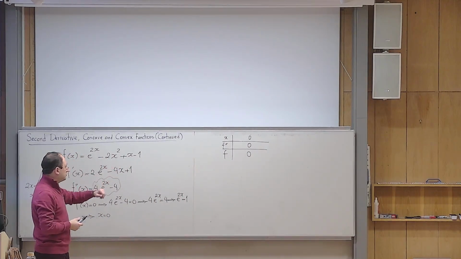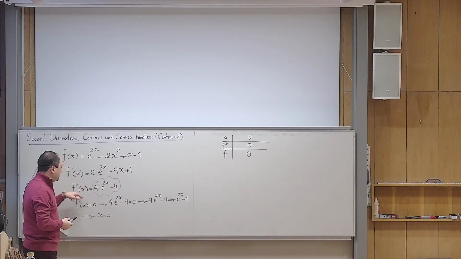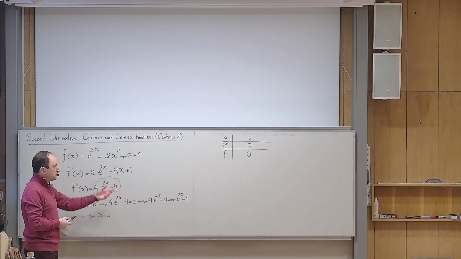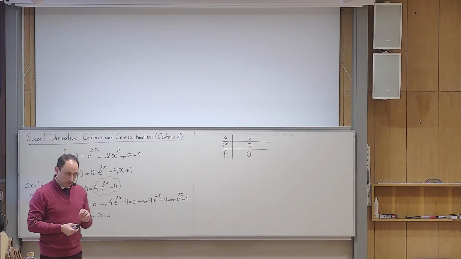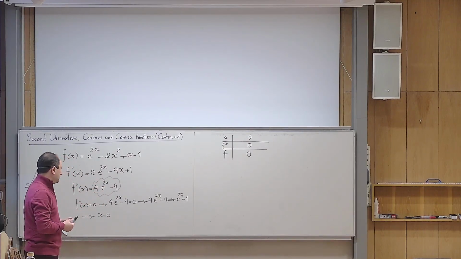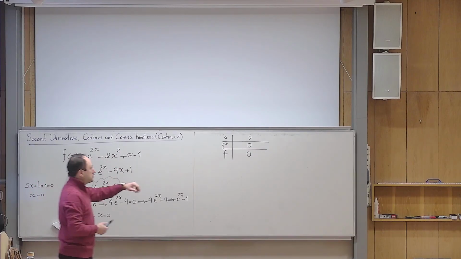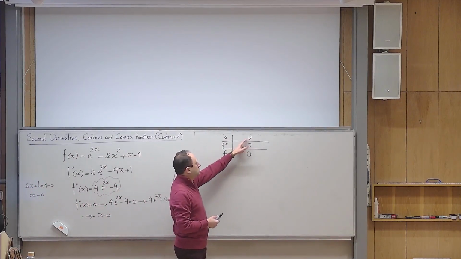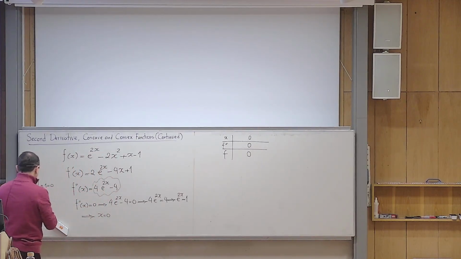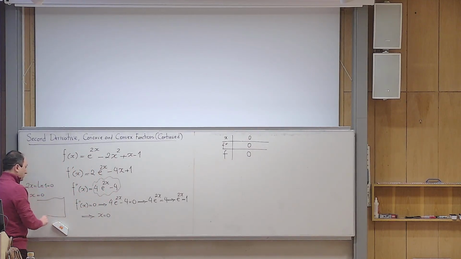But if you want to do a systematic way, because the second derivative is an exponential function, and exponential functions are always continuous, so if I pick a random point and I can determine the sign, it will work for every number in that interval. So let me choose a random number, for example, minus 1 on the left, and put minus 1 in the second derivative. You can do these things in a scratch paper.